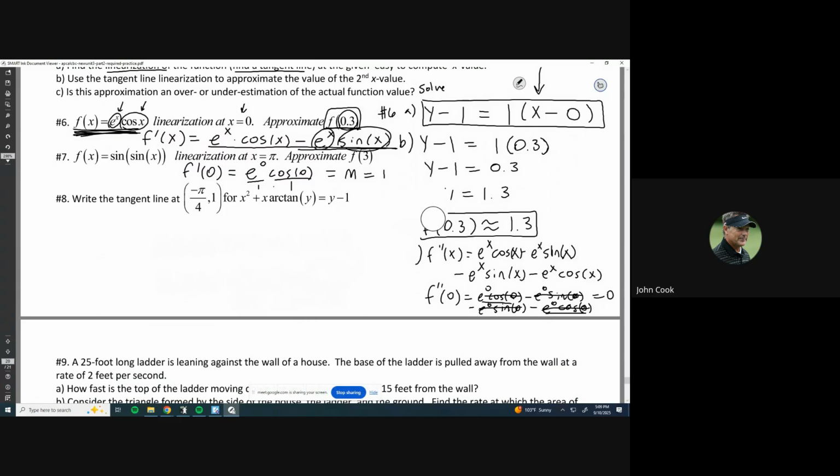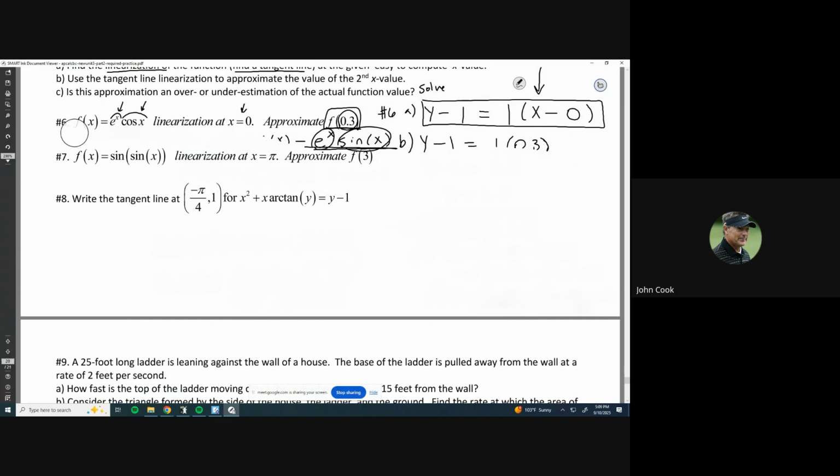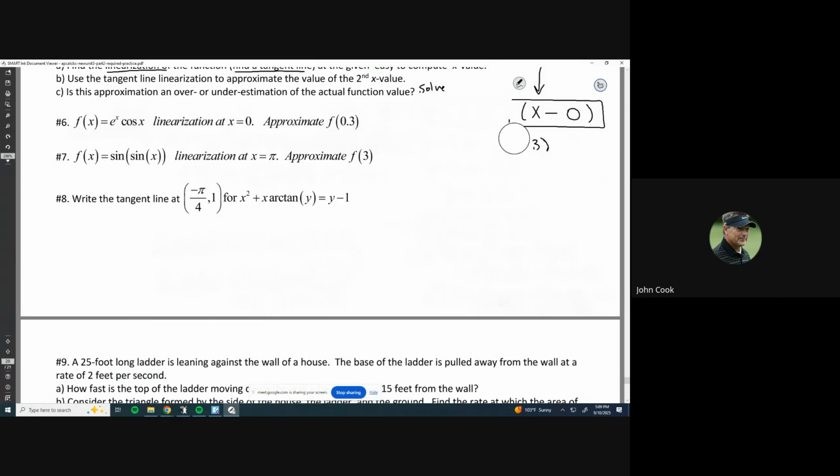All right, so number 7 is a similar example. Since we are doing the same thing, we start off the same way. If we want to find the linear approximation, or the tangent line approximation, we start off by writing point slope form.